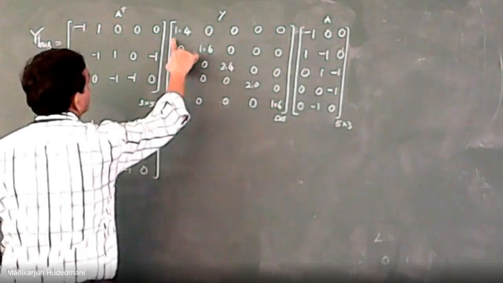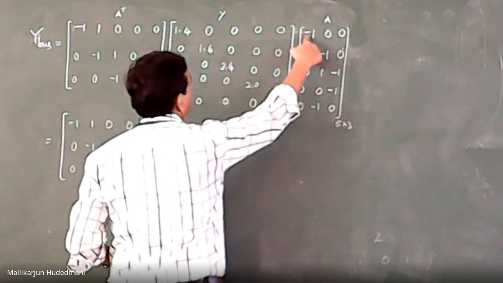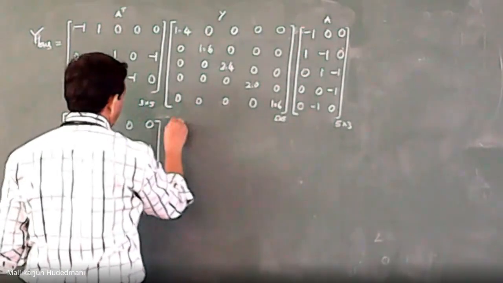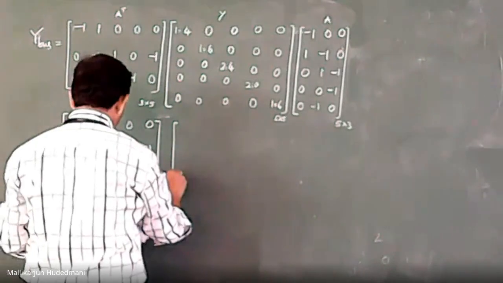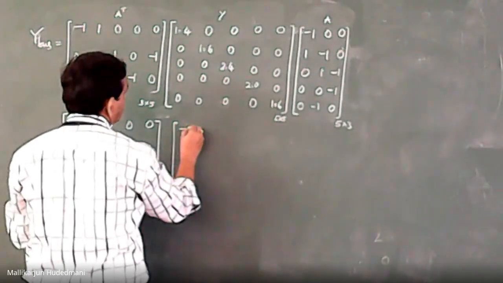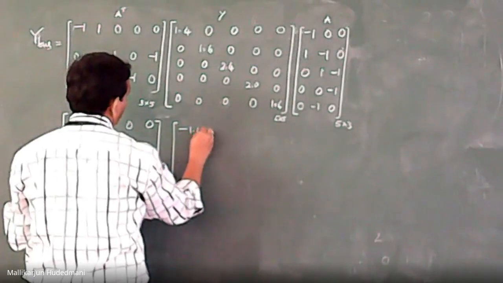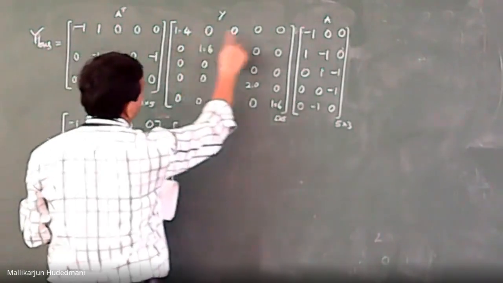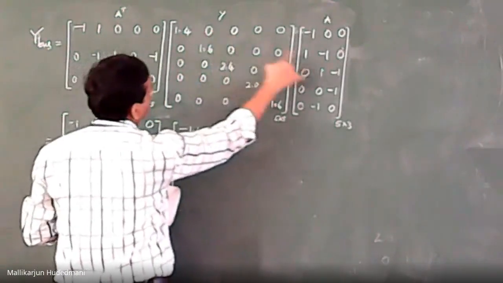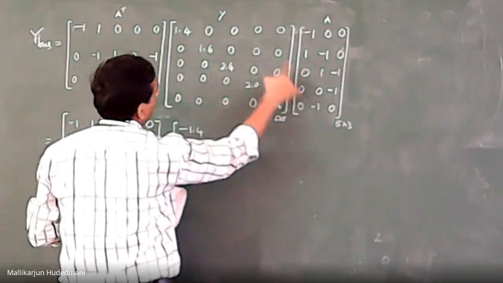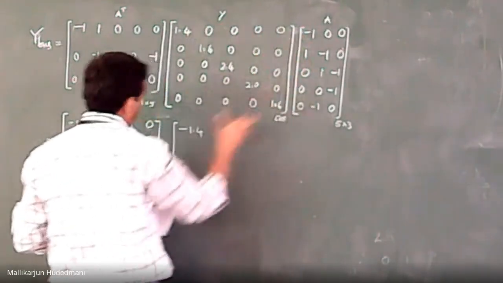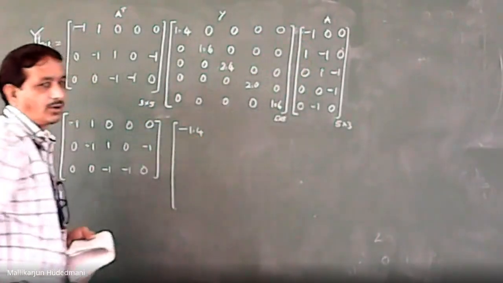And first row multiply with first column. You will get first element over it. Let me write here. This will be like this. The element over here is minus 1.4. You can see 1.4 is product with minus 1, minus 1.4, 0 with 1, 0, 0 with 0, 0 with 0. So whole sum represent only minus 1.4.